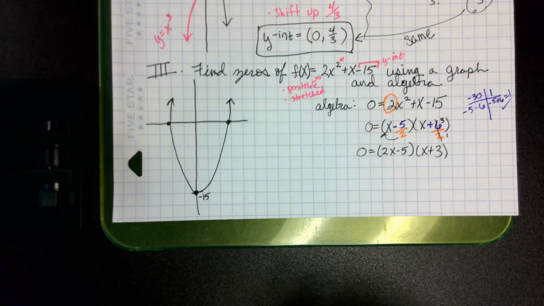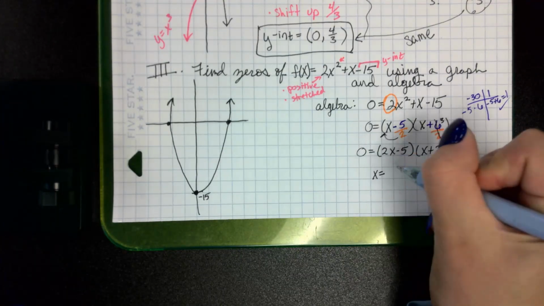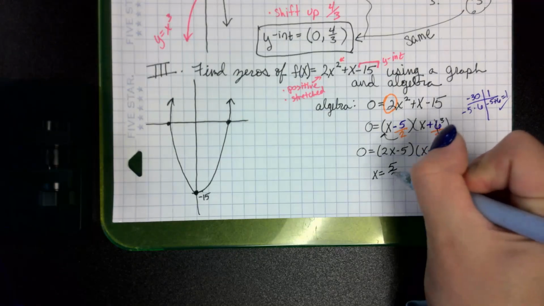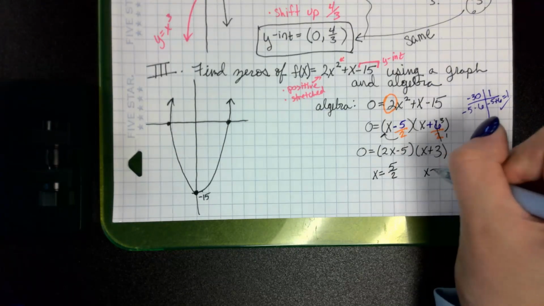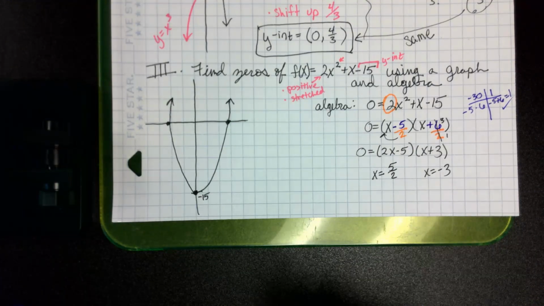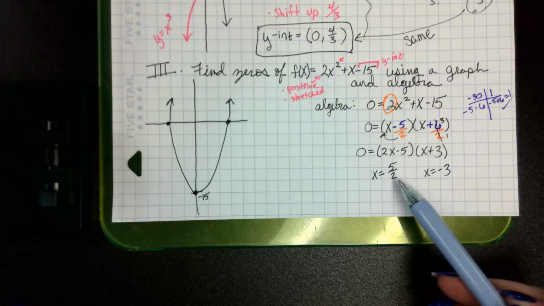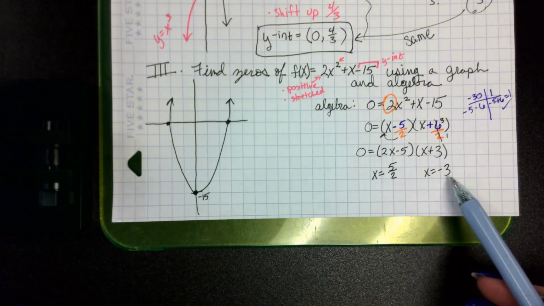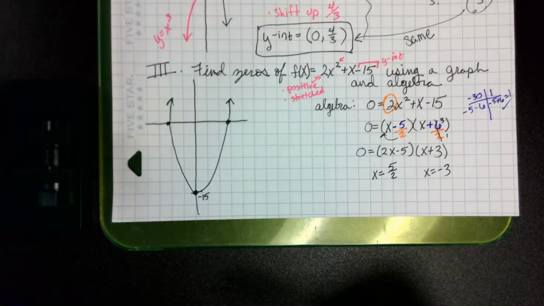And then I solve them. So 2x minus 5 equals 0, so x equals 5 halves. x plus 3 equals 0, so x equals negative 3. So I found the x values of my zeros. I have a positive one and a negative one. That matches the sketch of a graph, so that's good.